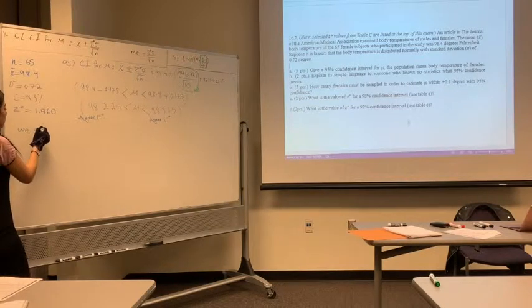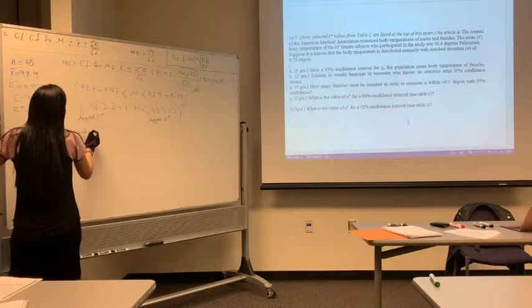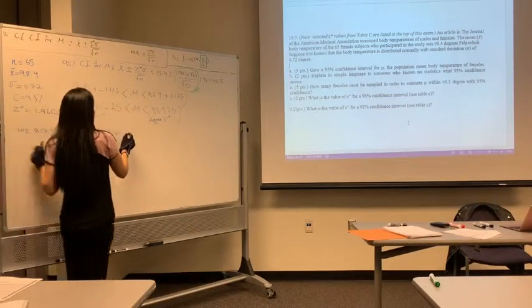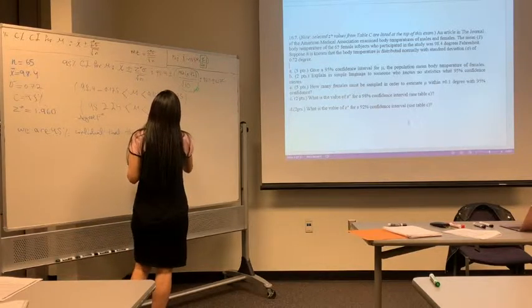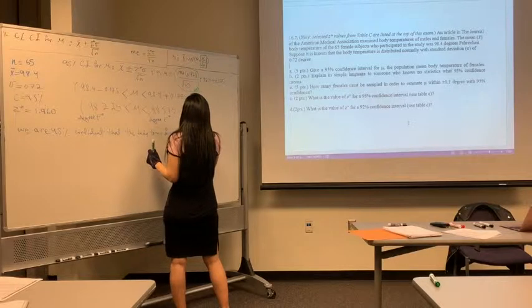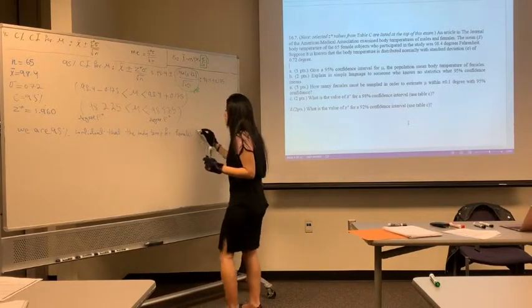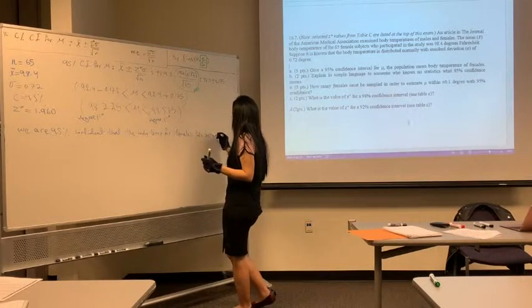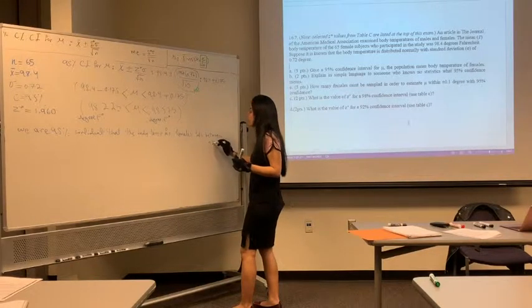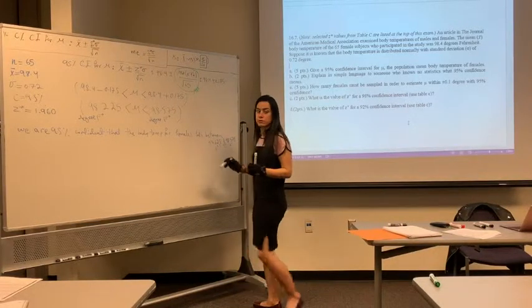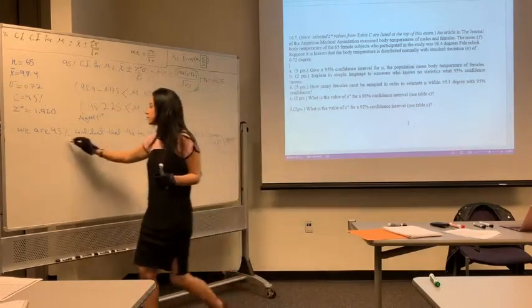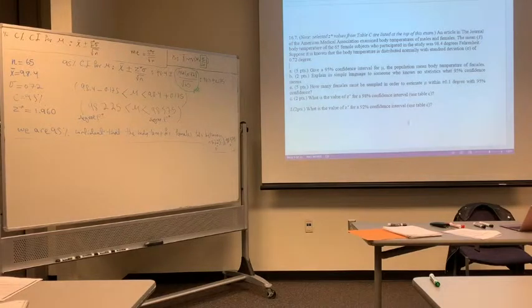We are 95% confident that the body temperature for females falls between 98.225 and 98.575 Fahrenheit. Right? So this was part B, correct?